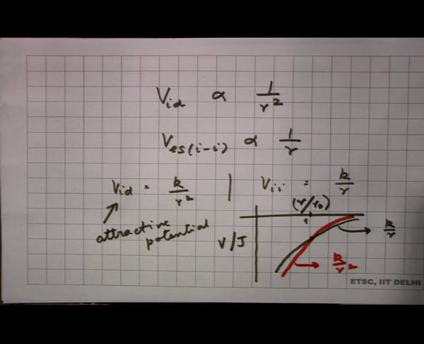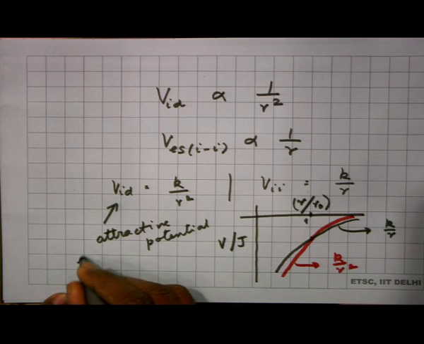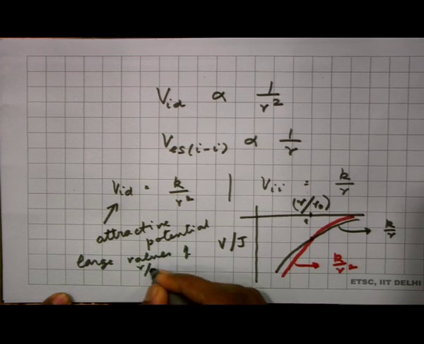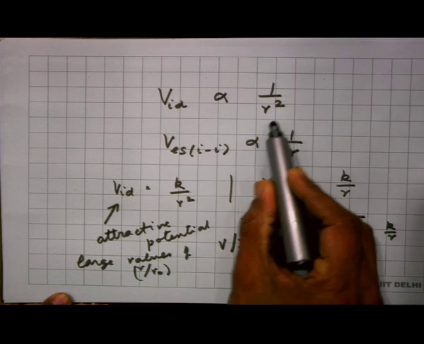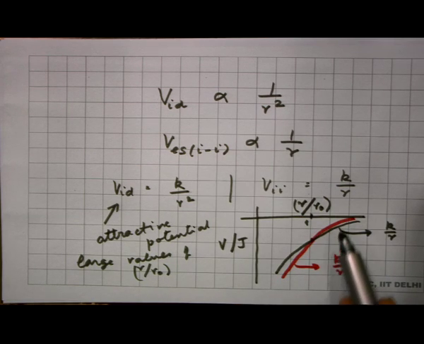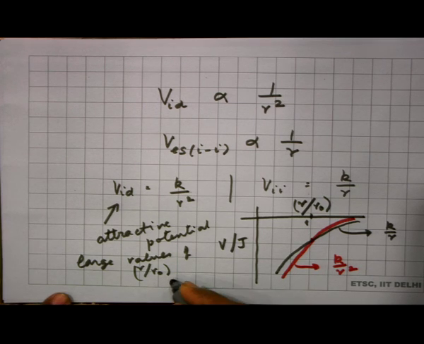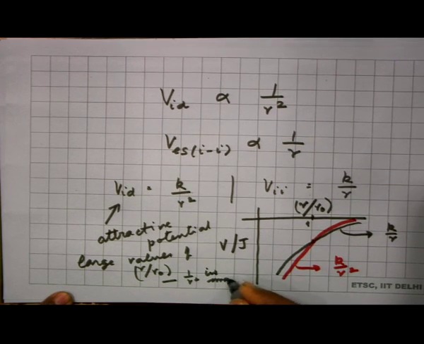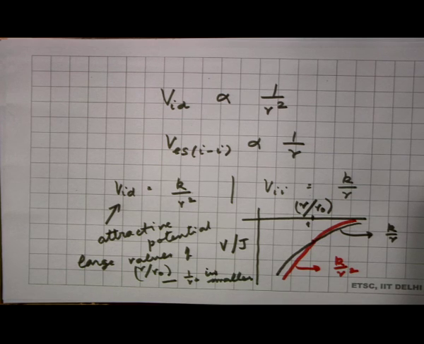And what you will notice is that as you go to long range, that is for large values of r over r 0, the 1 over r square term, that is the red one, is smaller than the 1 over r term, whereas at short distances, that is here, the 1 over r square term is bigger than the 1 over r term.